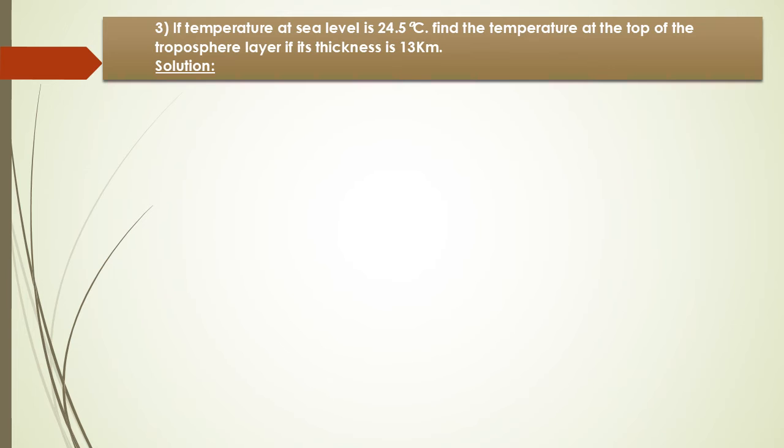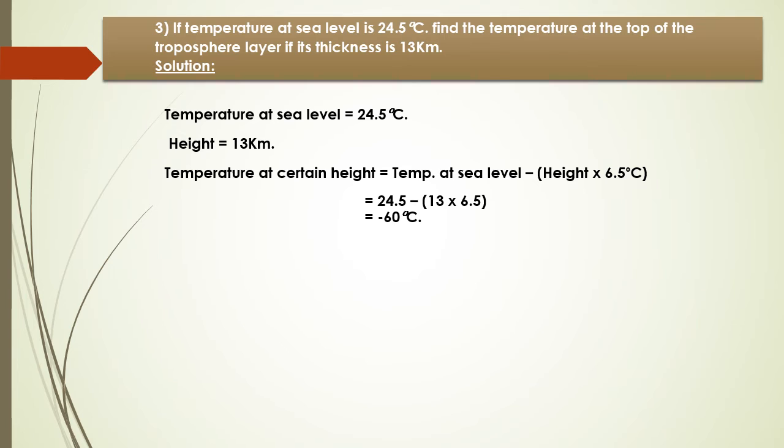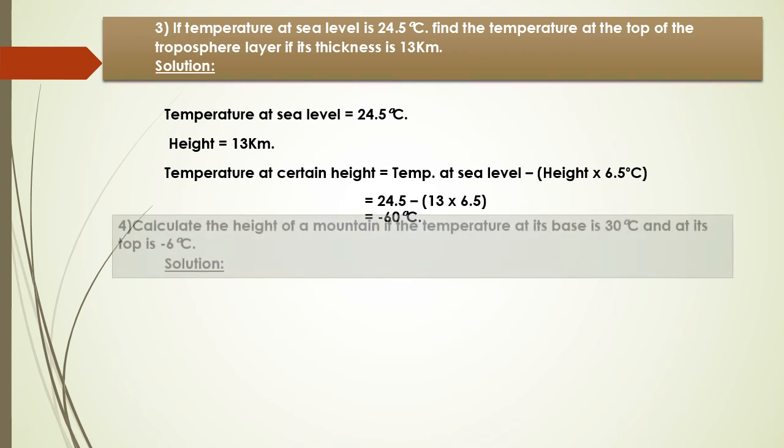Another one: if the temperature at sea level is 24.5, find the temperature at the top of the troposphere if its thickness is 13 kilometers. The temperature at a certain height equals temperature at sea level minus height times 6.5. After substituting, we get minus 60 Celsius.